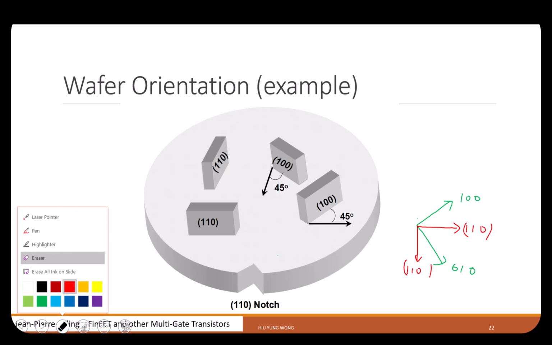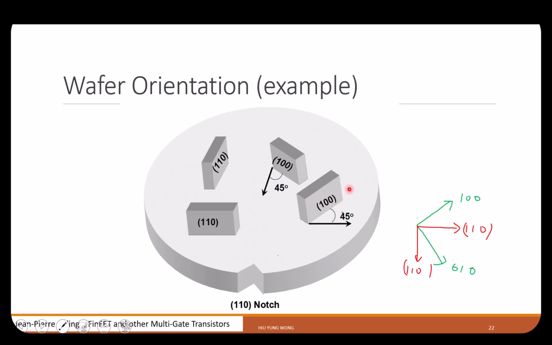if I had a pattern here, so the fin is in this direction, it is 45 degrees to this 110, then it means this surface is perpendicular to it, is 100. Okay? Now, if this is source, this is drain, and then the electron is transporting in this direction, what is this direction?